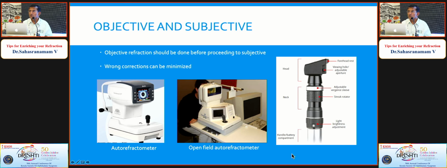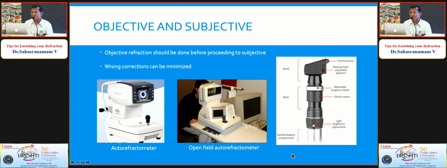To enrich yourselves, what are the things you have to have? You should have a good streak retinoscope, and you should know how to use it, what the vergence sleeve is like, and how to make use of it. So a good understanding of the streak retinoscope and the autorefractometer.